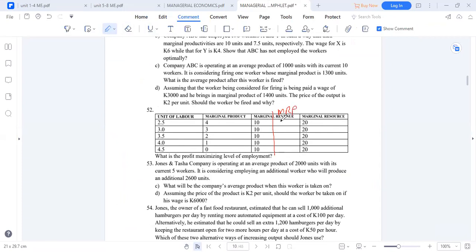So this by that is 40. This by that is 30. This by that is 20. This by that is 10. This by that is 0. So now we look at where they're the same, 20 against 20. So to be optimal, we want to employ 3.5 labor units.